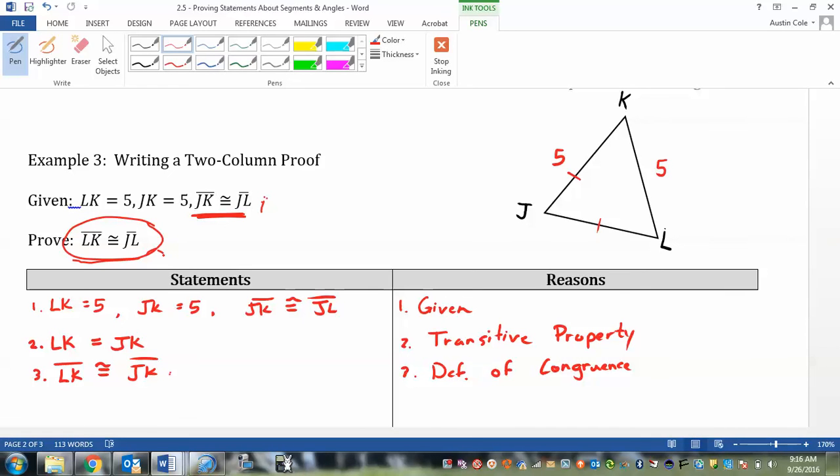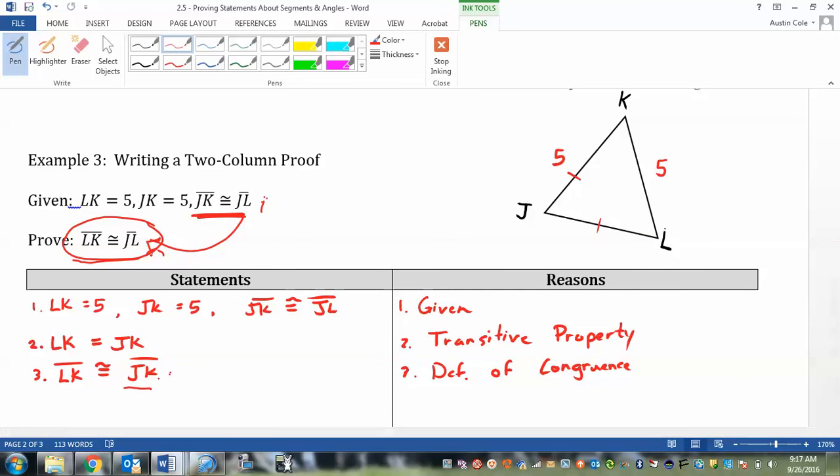Kristen? It'd be like if LK is congruent to JK and JK is congruent to LJ, then line segment LK is congruent to line segment LJ. Would you guys agree that LK is congruent to JK? It says that. And then JK is congruent to JL. Well, JL is what we need in the end. So really, that's acting like the transitive property.